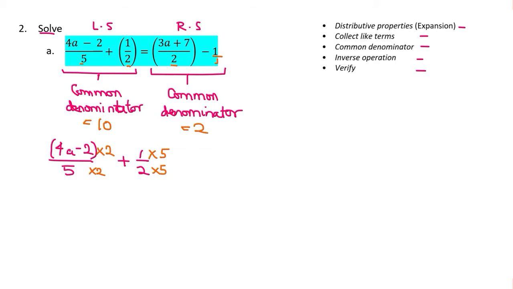Once we're done with the left side, we also do the right side, but because the common denominator on the right side is different, we're going to apply the same strategy with a different factor.